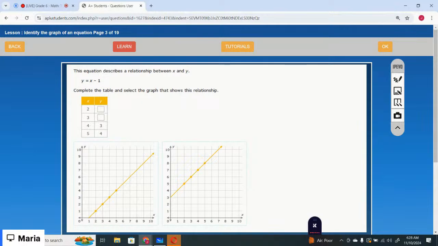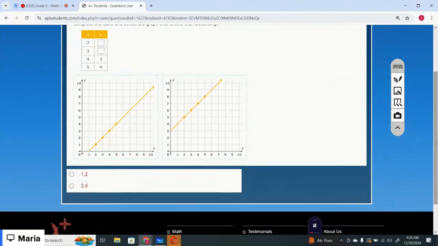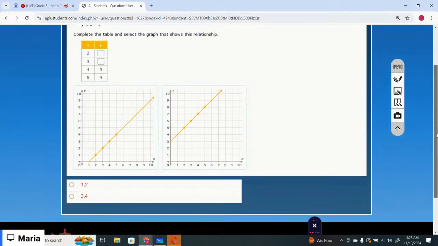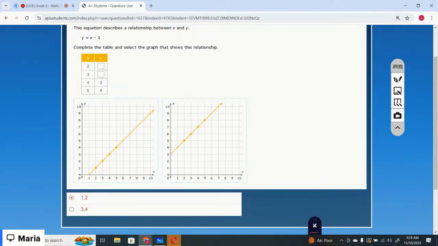The correct option is, okay, sorry, x minus 1, that is 1 and 2. Option number 1 is the correct option, right? Because the equation is y equals x minus 1, right? So that is 1 and 2. Option number 1 is the correct option.